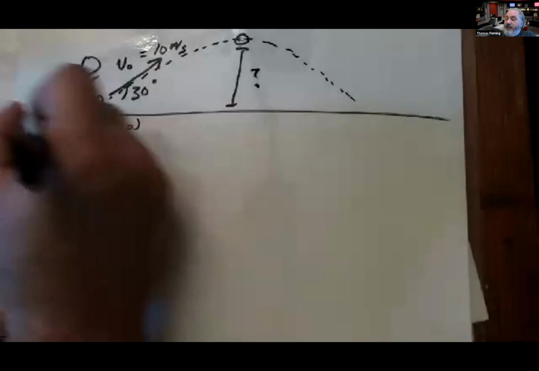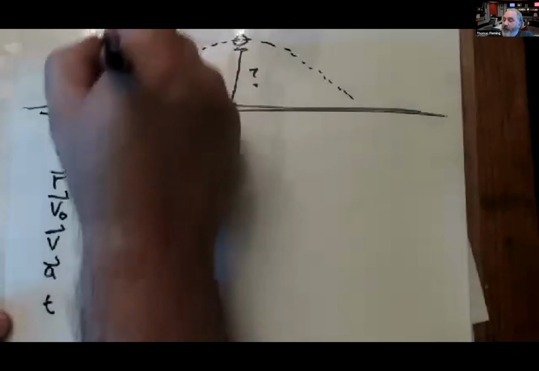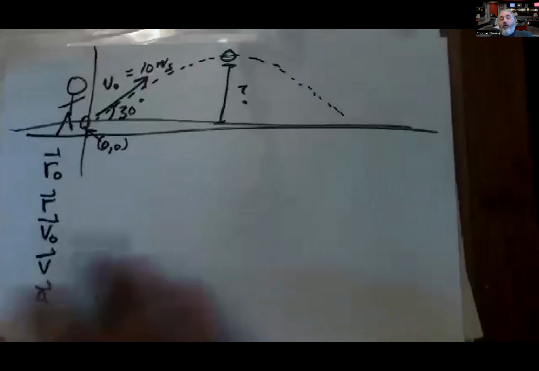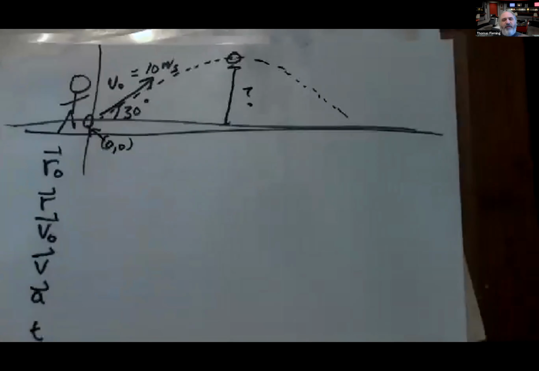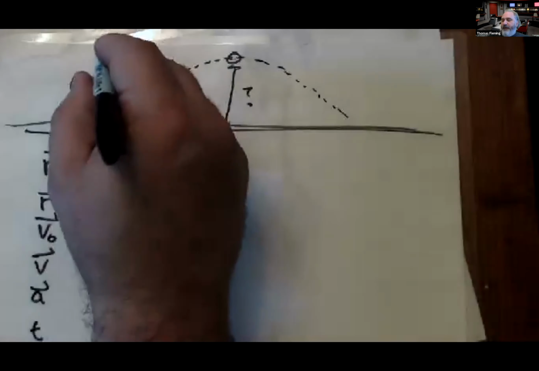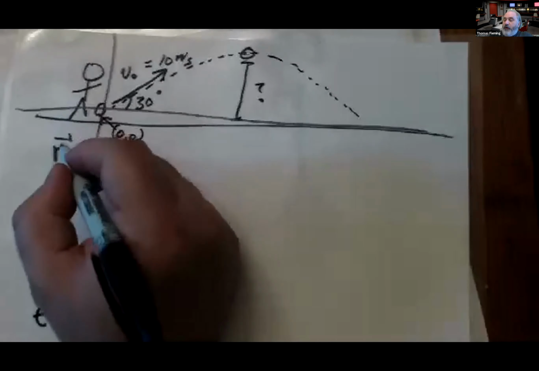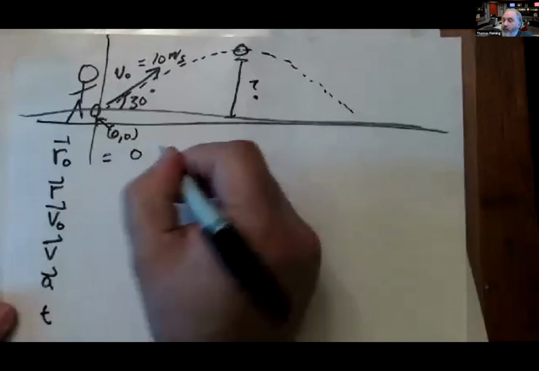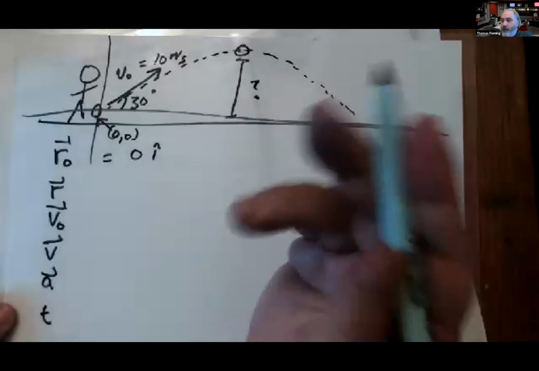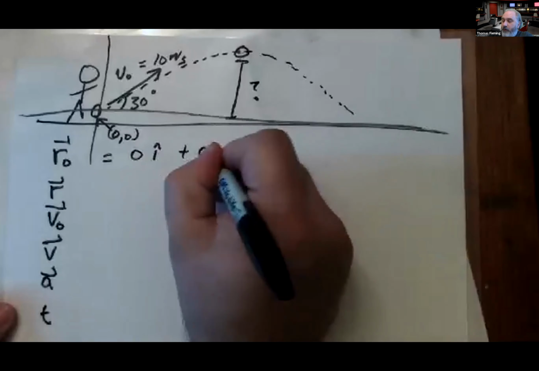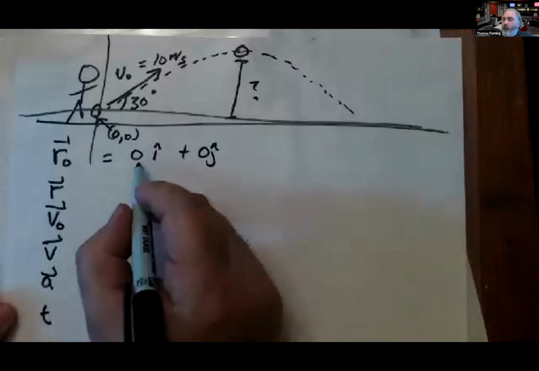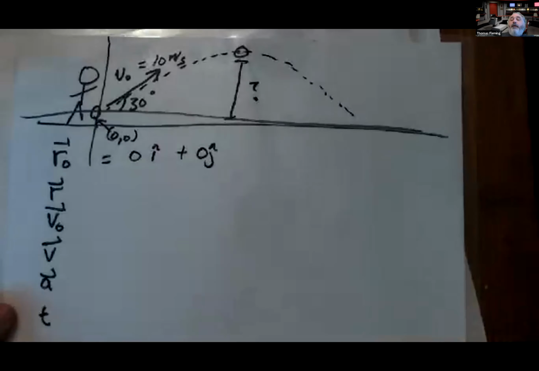So this is my x-axis, this is my y-axis, and I'm going to measure all the positions, just like I'm reading a graph, where there's my two axes, there's 0, 0. And so for my starting position, it's going to be 0 i hat, plus also 0 j hat. The x part is 0, the y part is 0. That's super easy.